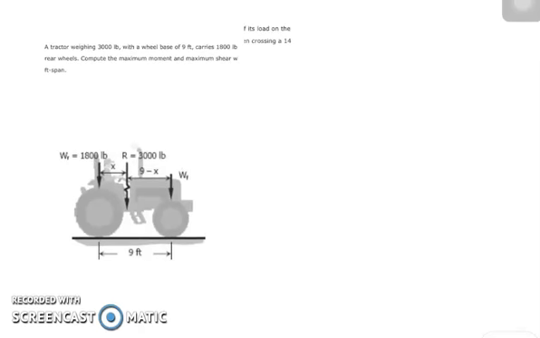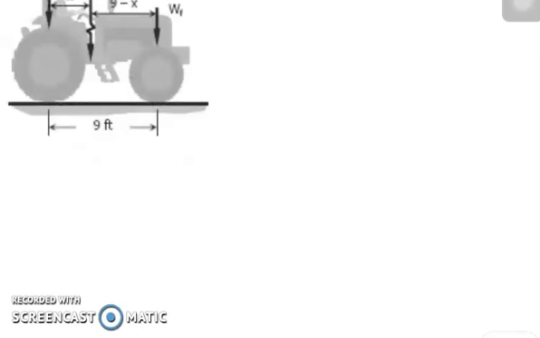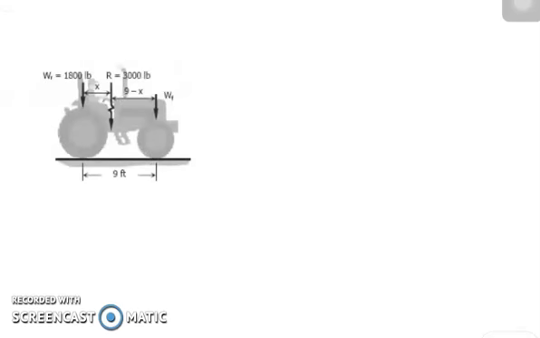So we have here the figure. For this figure, if you're going to observe, we have the rear wheel, which is 1,800. We are given the resultant 3,000, but we don't have the value for our front wheel. So we have to compute for our front wheel.